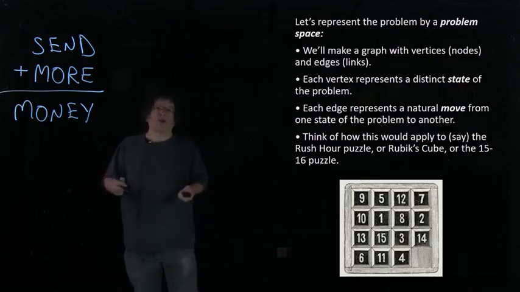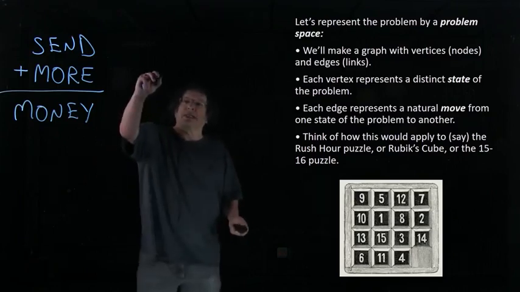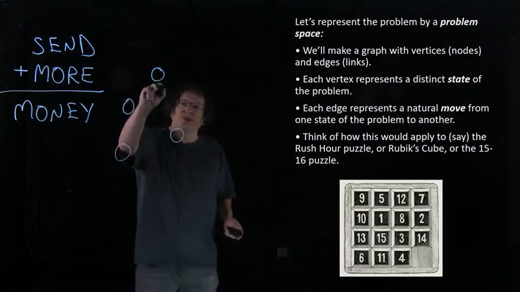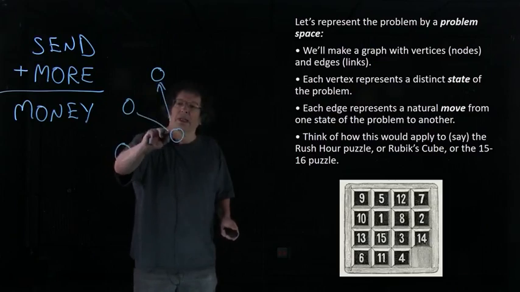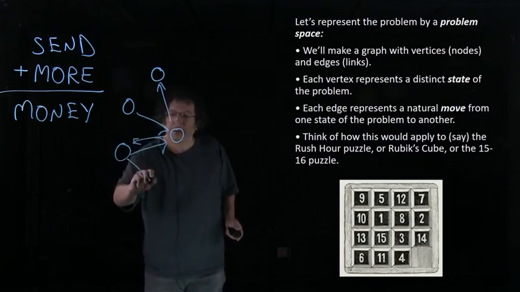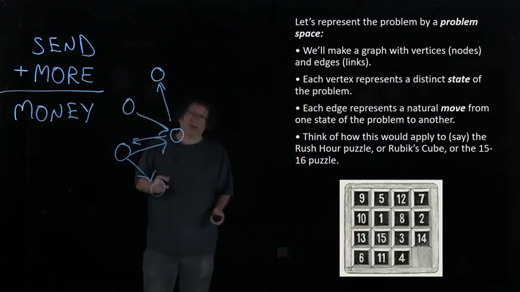I'm not talking about a graph like a graph of a function, rather a graph that consists of lots of vertices, which are always represented by little circles. So vertices are represented by circles, and edges are represented, in this case, by arrows.